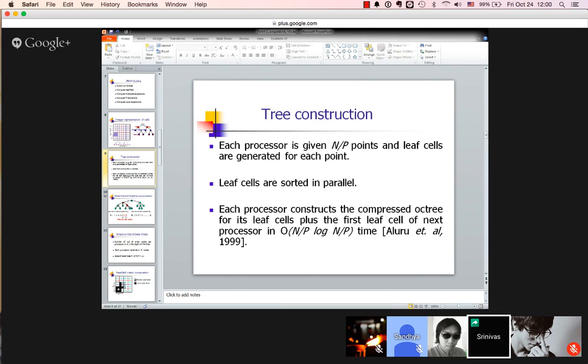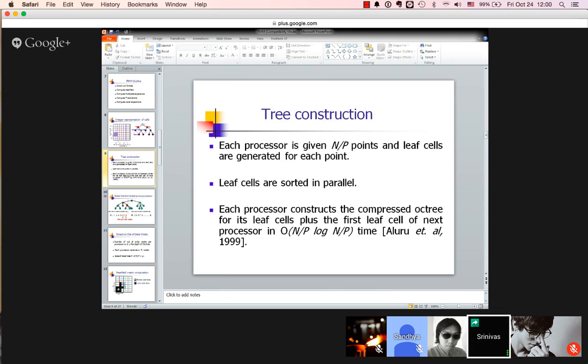The sorting is global or just local for every processor? It should be global, right? Yeah, we're talking about a global sorting. So each processor has n over p points, and every point is independently translated to the ID of its leaf box. Then we take all these IDs and do a global parallel sort.